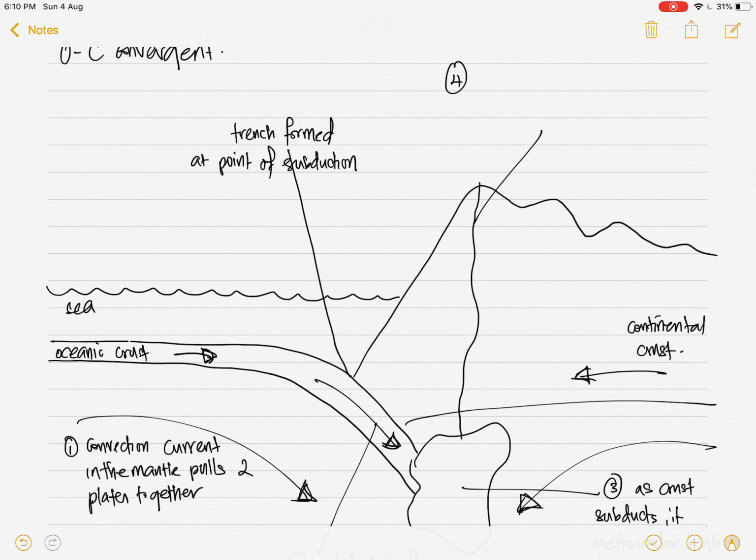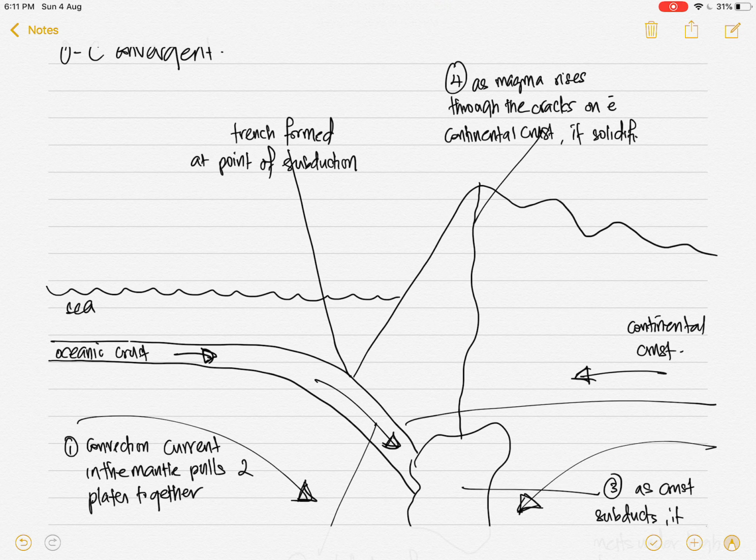So I will annotate the process saying that as magma rises through the cracks on the continental crust, it solidifies and builds up, forming a volcano.